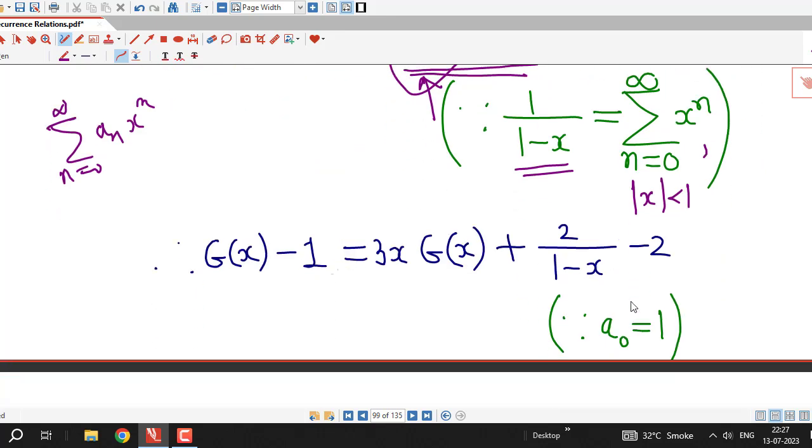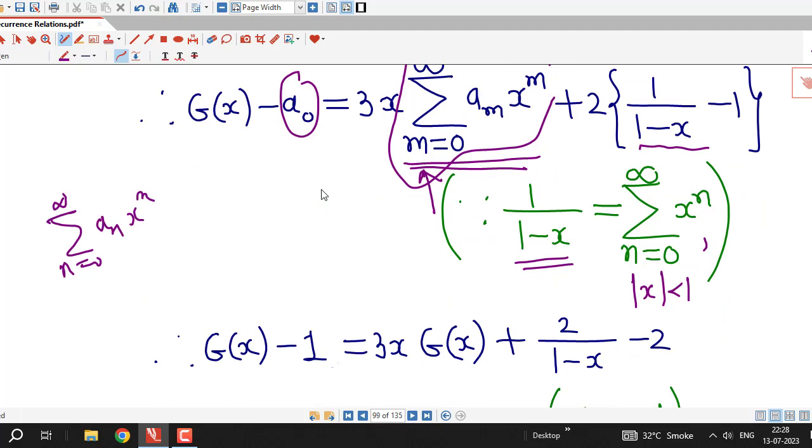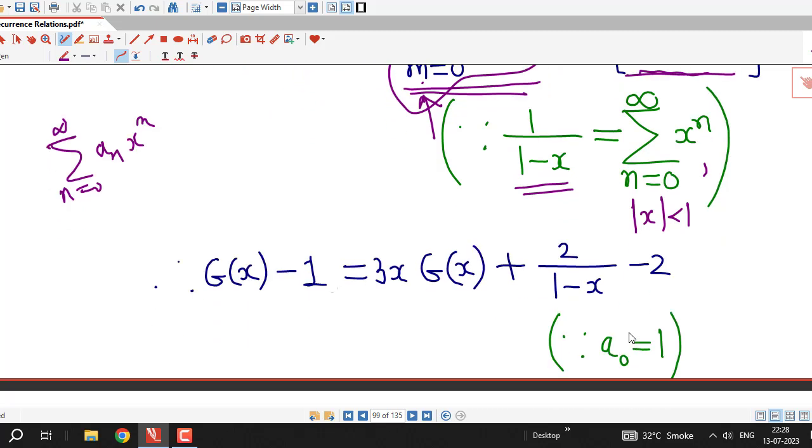And the value of a0 is 1, that I have substituted here. So I have g(x) minus 1, 3x times g(x), plus I multiply this bracket by 2 and I have 2 over 1 minus x minus 2, and I have written that I am using the initial condition a0 equal to 1.